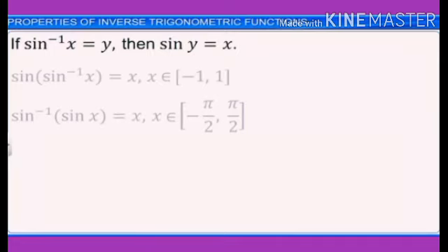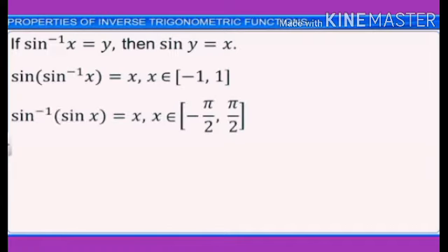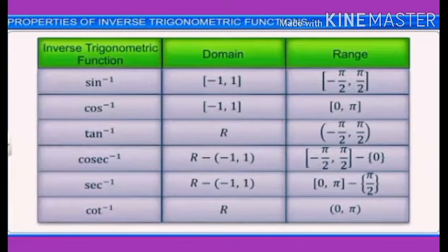Also, sine of sine inverse of x is equal to x, where x belongs to a closed interval -1, 1. Similarly, sine inverse of sine x is also equal to x when x belongs to a closed interval -pi upon 2, pi upon 2. You also learned about inverse trigonometric functions and their principal value branches.